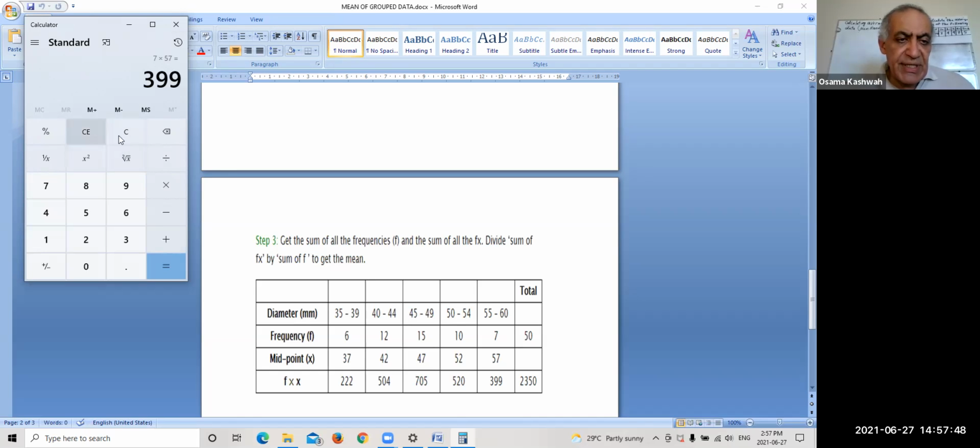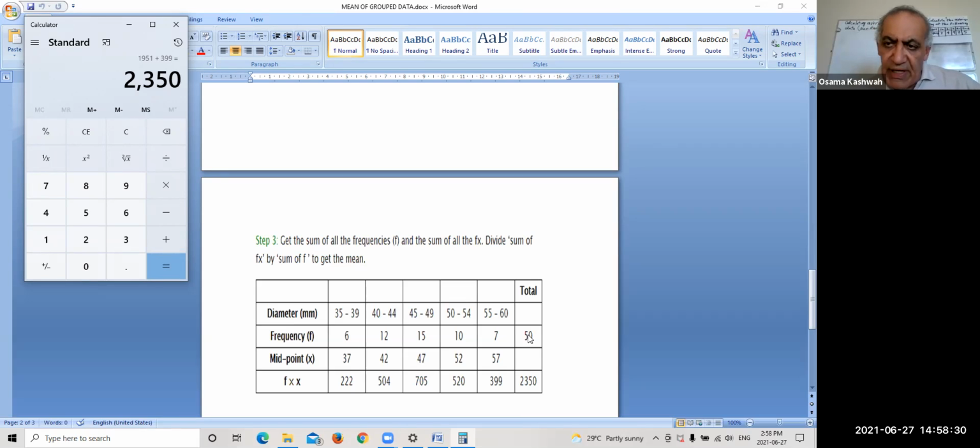So let me do this here so that you can see it: 222 plus 504 plus 705 plus 520 plus 399 equals 2,350. Now I will divide the 2,350 by the sum of the frequencies.